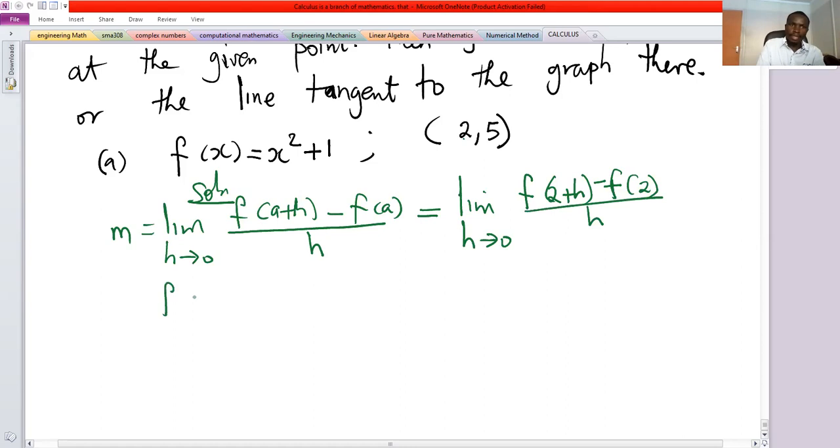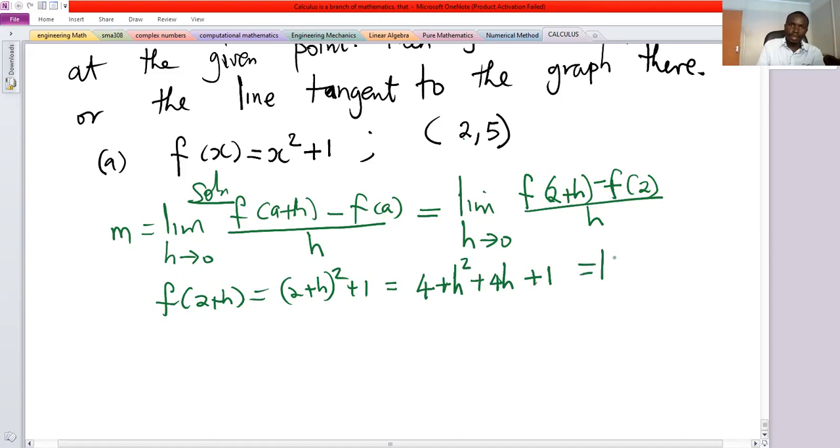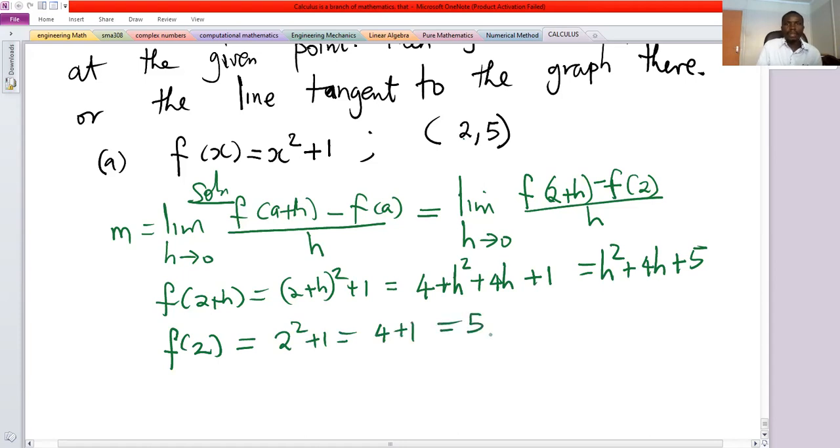Now f of 2 plus h will be 2 plus h squared plus 1, which is 4 plus h squared plus 4h plus 1, which is h squared plus 4h plus 5. And f of 2 is 2 squared plus 1, which is 4 plus 1, which is 5.